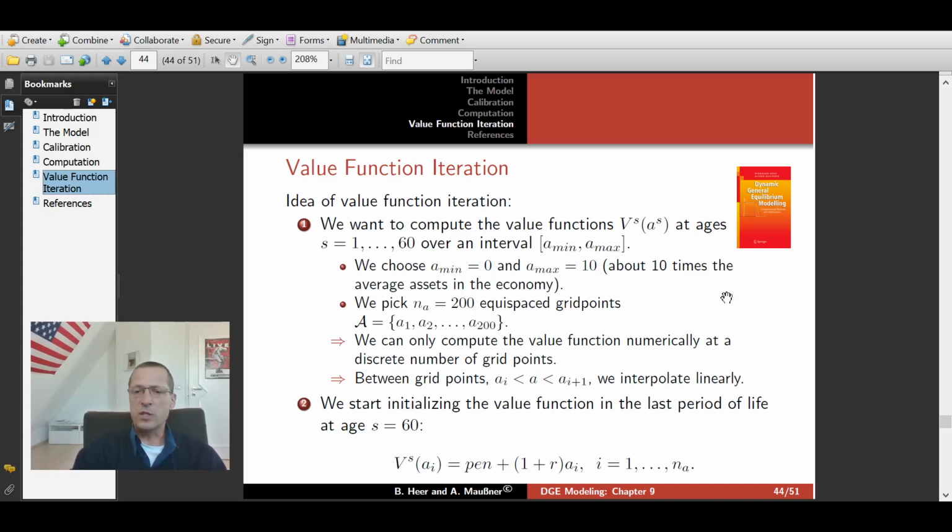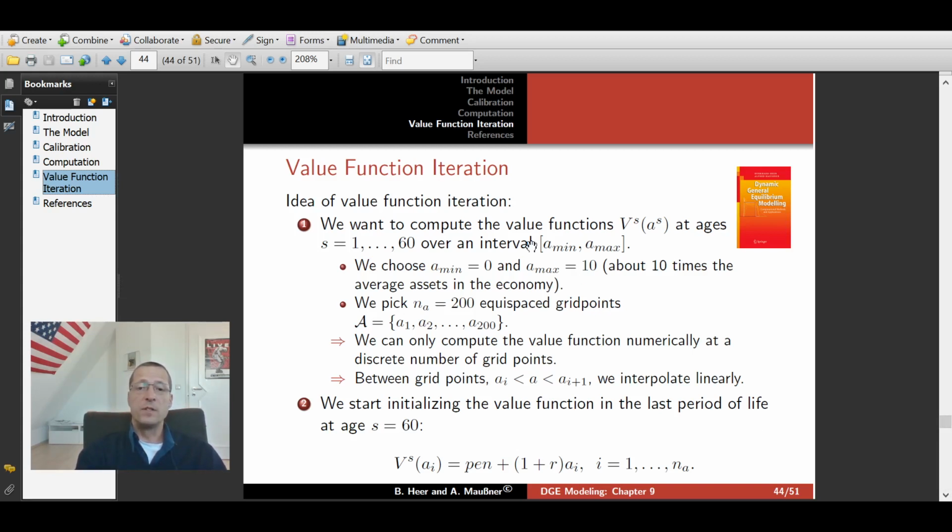So we just start with the value of 10, which is about 11, 12 times the average assets in the economy. So, of course, when we are done with our computation, we have to check if this interval was large enough, or, for example, whether the 60-year-old or 50-year-old or 40-year-old do not accumulate assets close to 10. This would then be an indicator that we need to increase our asset space.